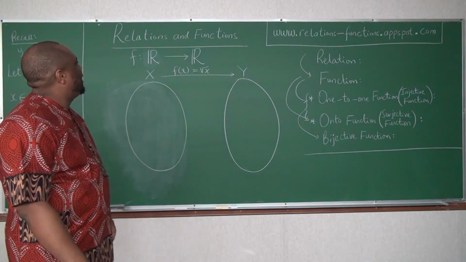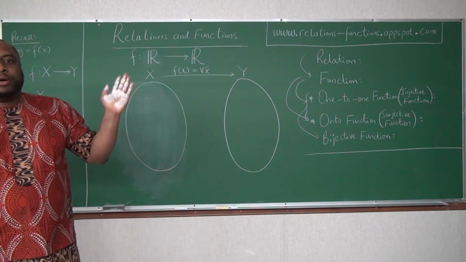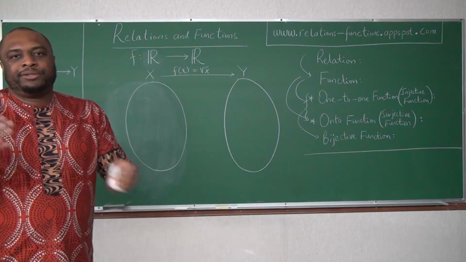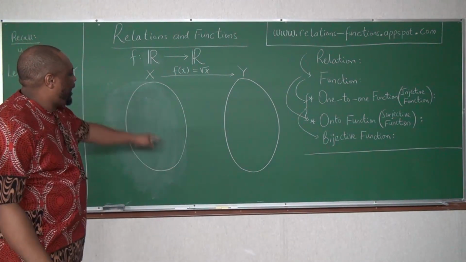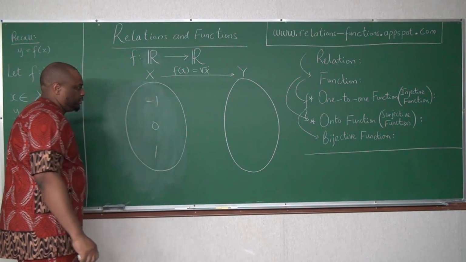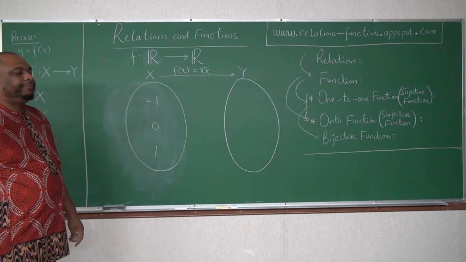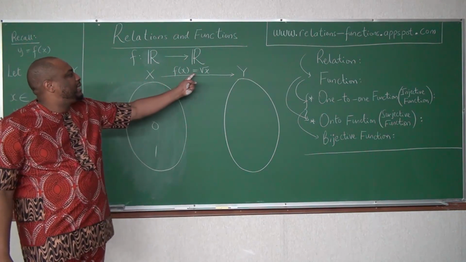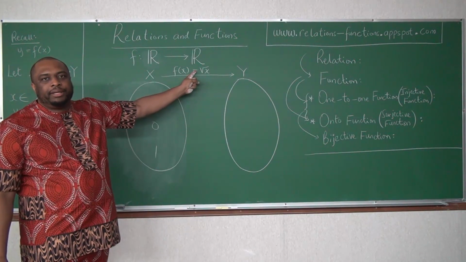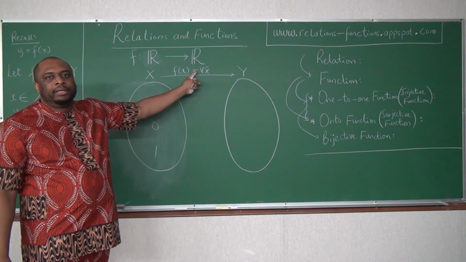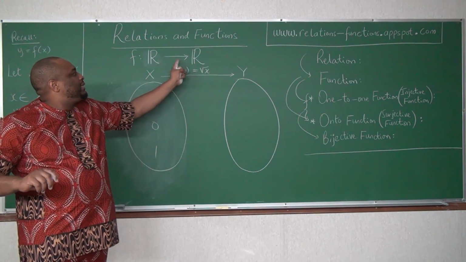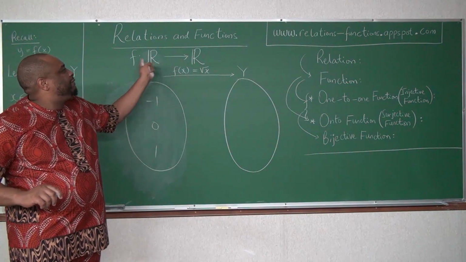From reals to reals, that's from real numbers to real numbers. So let's have this as negative 1, 0, 1. Now remember, this is the definition of the function f.